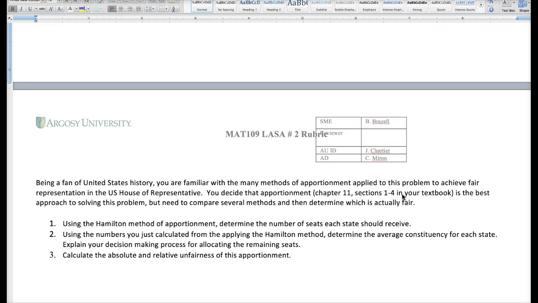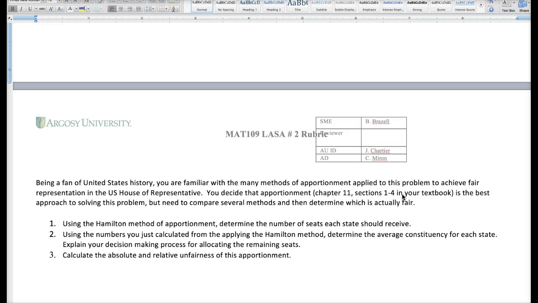And we want to explain the decision-making process for allocating the remaining seats. We also want to calculate what's called the absolute and relative unfairness of this apportionment once we figure out how many people are going to be representing each state amongst all our states.